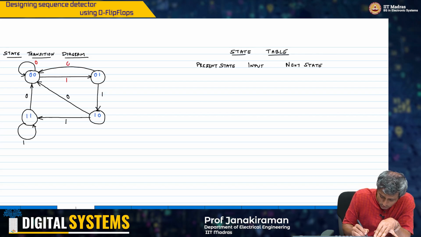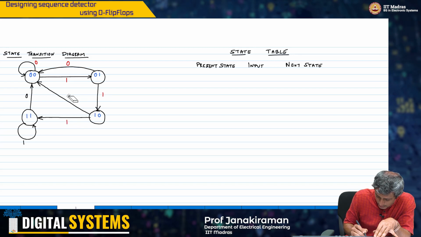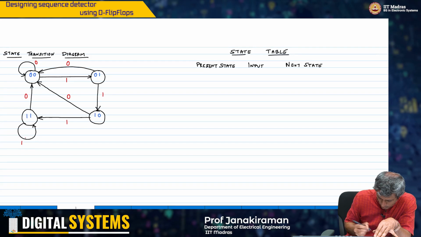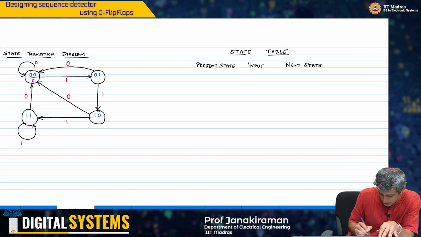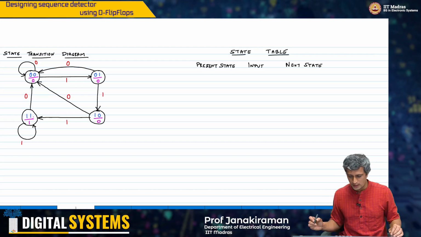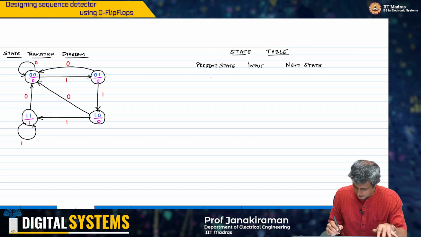Sorry, this is 0, this is 1 1 and 0 0 and 1, right, and my output is going to be in magenta. 1, right. So let's look at this.